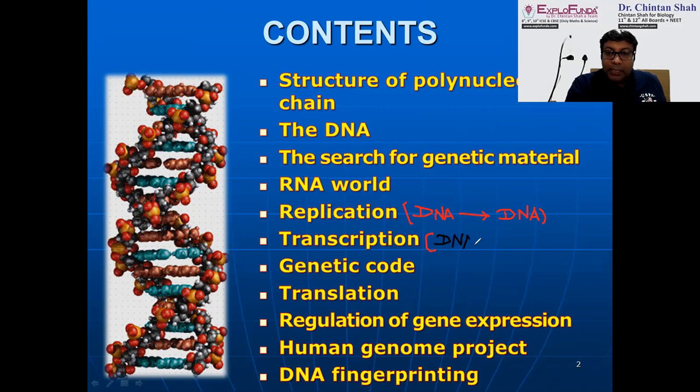Do you know any other organism that can do the reverse of this? HIV, very good. HIV can go for reverse transcription. So DNA to RNA is known as transcription.